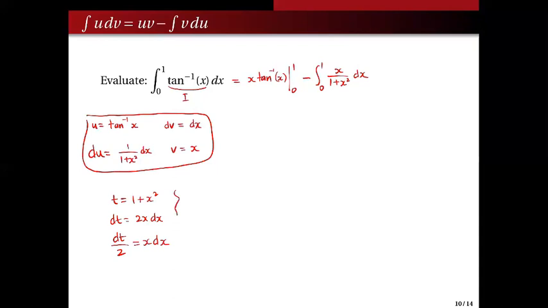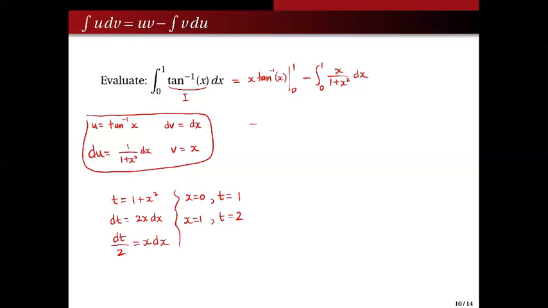And then when x equals 0, the value of t will be 1 plus 0, which is just 1. And when x equals 1, the value of t will be 1 plus 1, which is equal to 2.